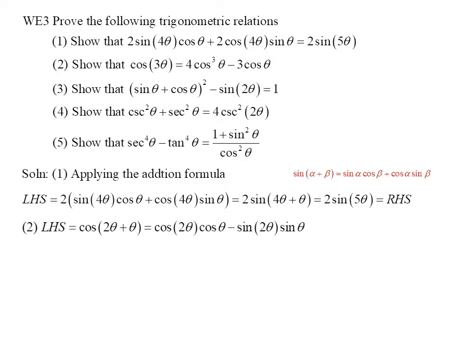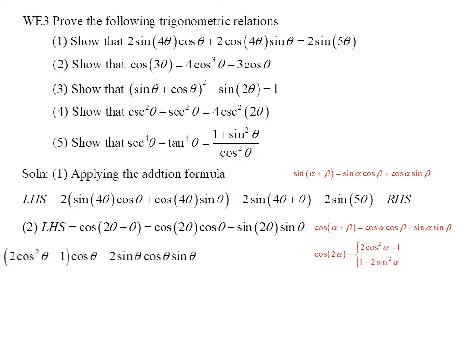As for the second relation, the left-hand side can be written as cosine(2 theta plus theta), and then expanded according to the cosine addition as well as cosine double angle formula. After being expanded, the cosine double angle formula is applied here.